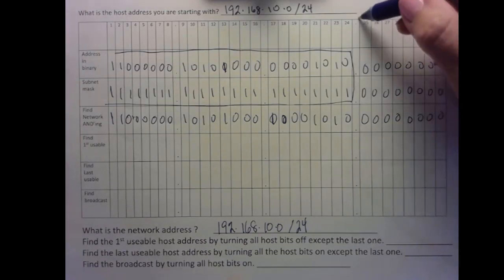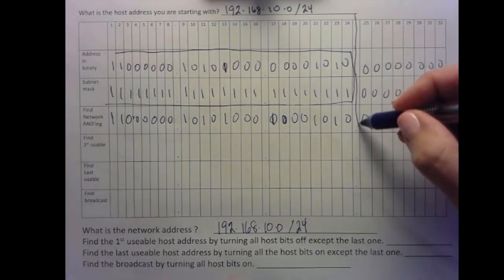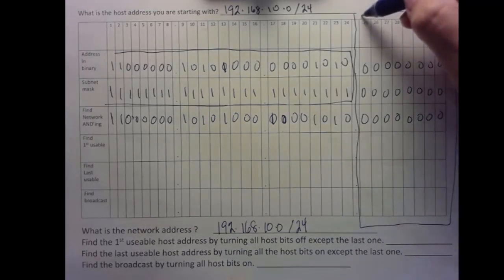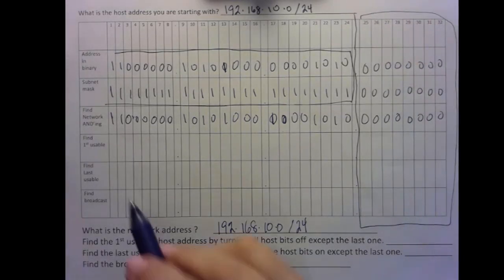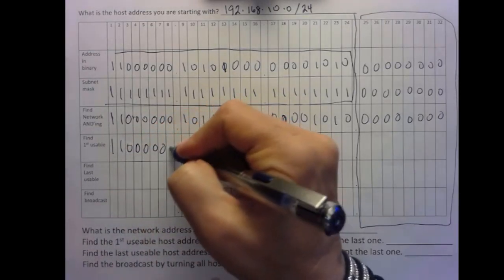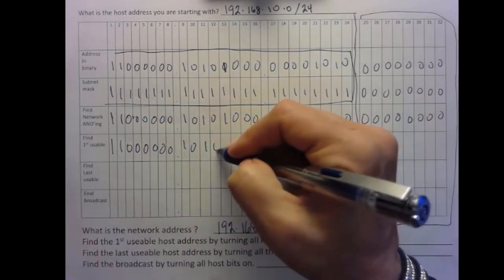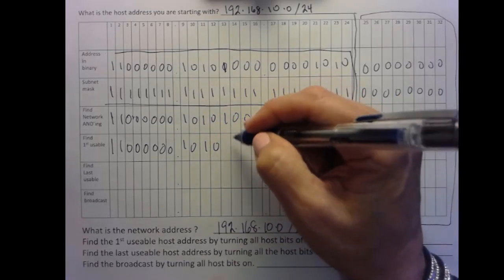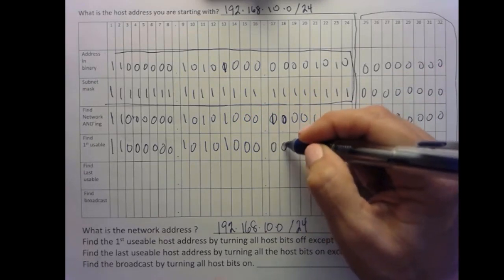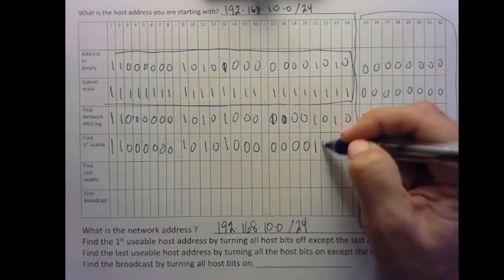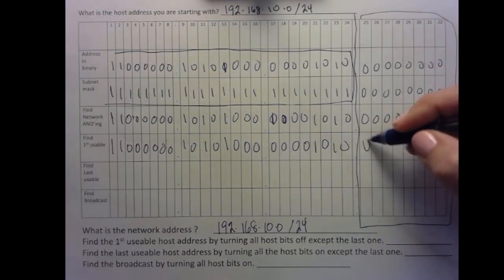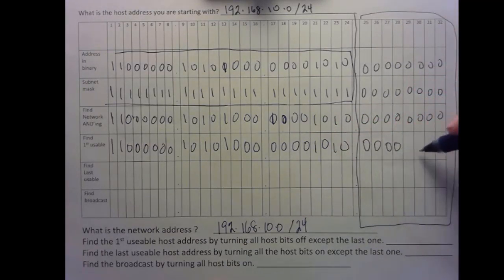So we know that over here, everything over here are our host bits, right? So everything here is just going to stay the same. We know that our network bits are not going to be changing. But our host bits, we can change these.